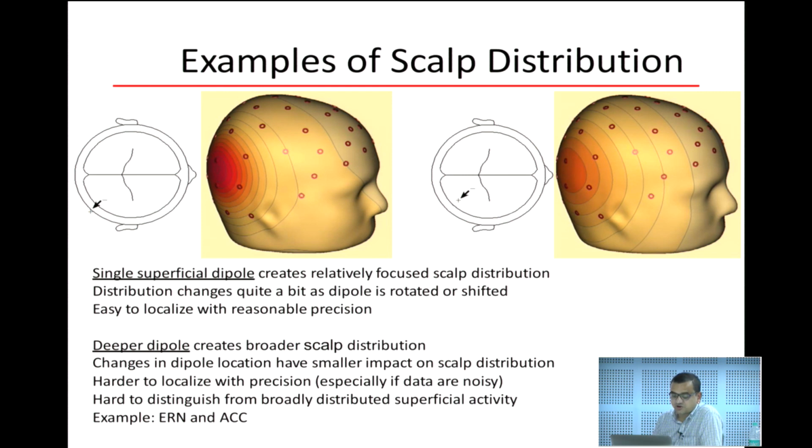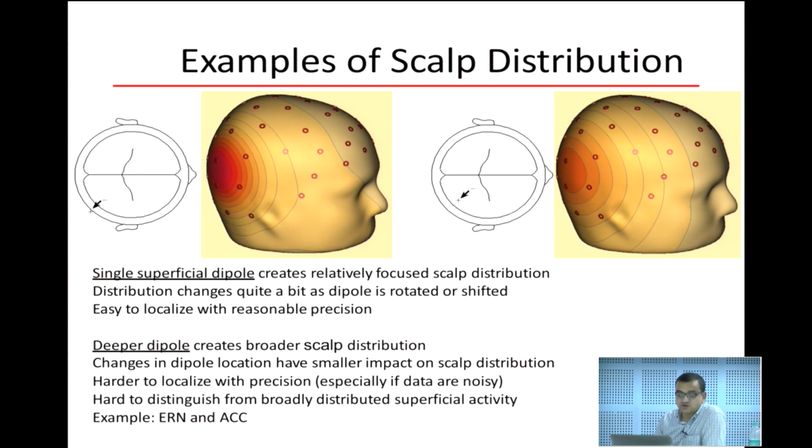It is also quite hard to distinguish from broadly distributed superficial activity. I gave 2 examples. This is called error related negativity, which is often generated in the anterior cingulate cortex. I think I mentioned this: when you have learned a simple motor task and then make a mistake, your brain immediately generates a negative ERP signal, which is why it's called error related negativity.